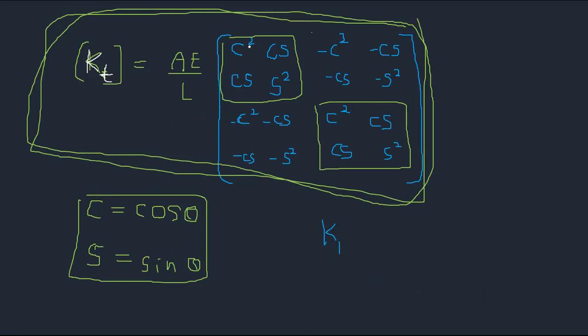Here C is cos theta, S is sin theta, right? It's pretty easy to remember this because this part is exactly equal to this part, and this part is the negative of this part, and that is equal to this one, right? Outside you have AE over L as a scalar, right?